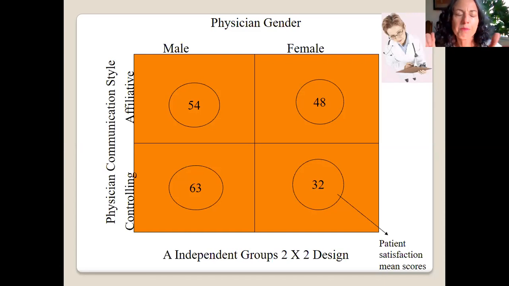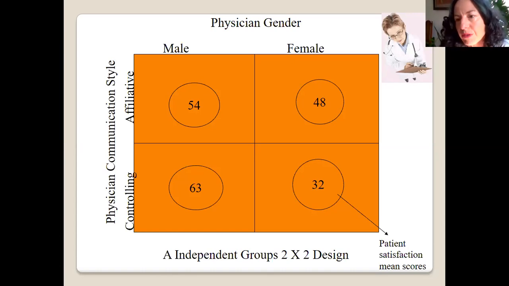So for example, the male doctor was videotaped in an affiliative communication style, and that was where he was very friendly and he was making eye contact and very nice, and very cordial, but he was saying actually the same exact things in every video, but either he was saying them in a friendly way or not. And then in the not so friendly way, he was controlling.